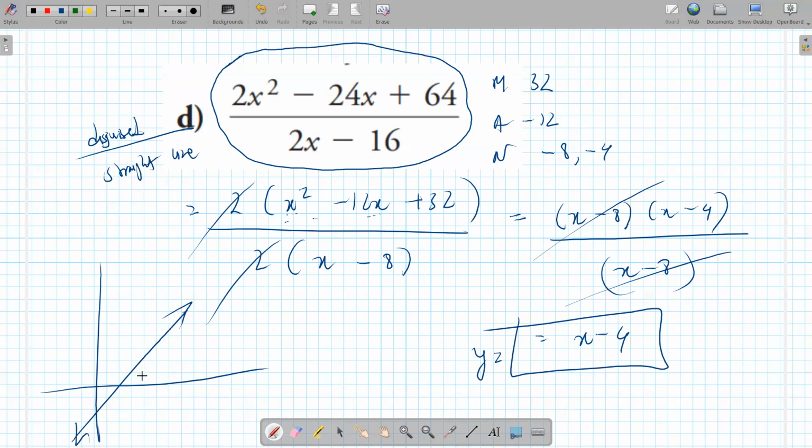Technically, there will be something called a hole when x is 8, because if x were to be 8, you'd get a 0 in the denominator. So you're going to get a hole there, which is a literal hole in the graph. It can be 7.99999.